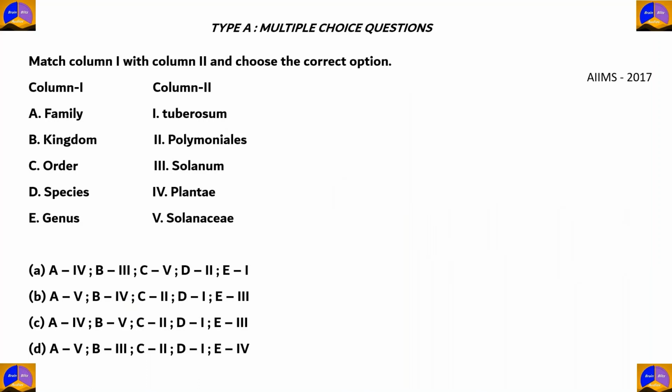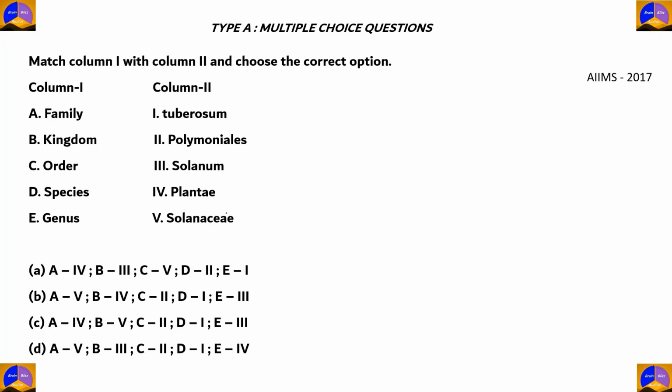Let's look at this question. Match column 1 with column 2 and choose the correct option. Now, for this question, we will try to match the options that we know. So let's look at the element B of column 1. This says kingdom.